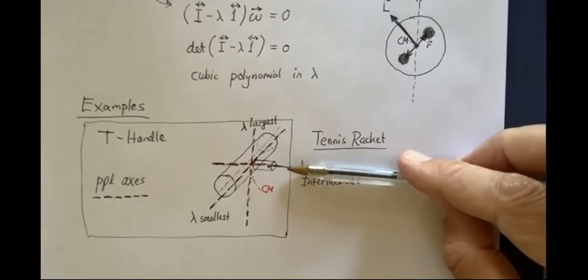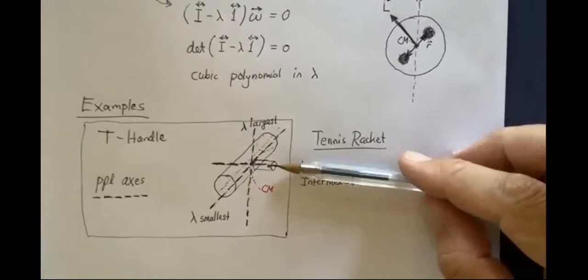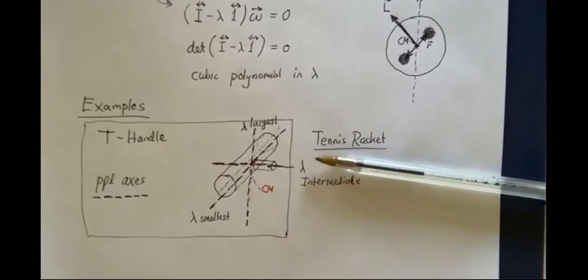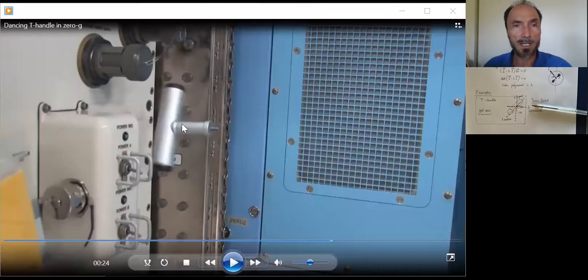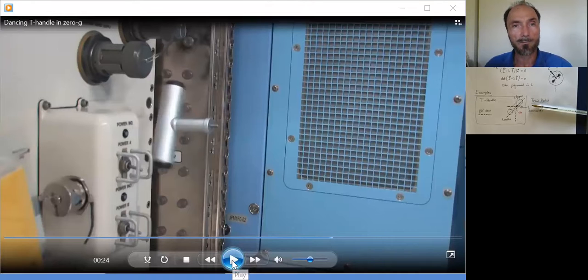But typically, it's going to be very close with a slight error. Okay? So having said that, let's reward ourselves with one more look at the video. Here we go. Okay, remember we said this axis is unstable. And you see the omega vector. Let's convince ourselves the omega vector is very close to this axis.